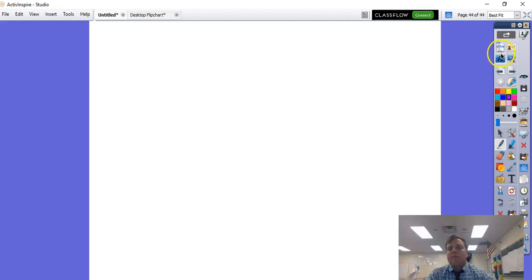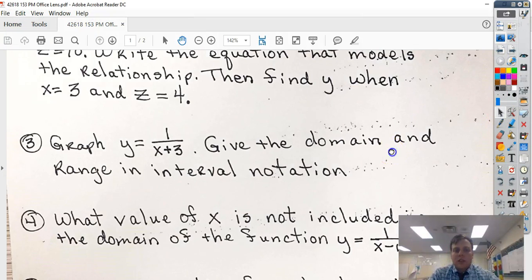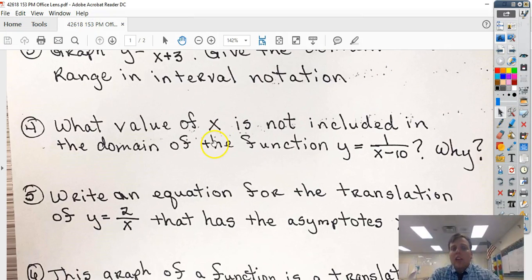All right, our next question says, what is the value of x that is not included in the domain of the function y equals 1 over x minus 10? Think about this. This is a fraction. What can I not have in a fraction? I cannot have a denominator of 0. Very good. 1 over 0 would cause a problem. What x value would cause a denominator of 0?